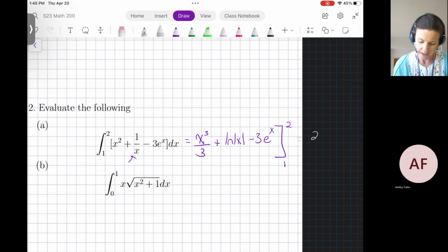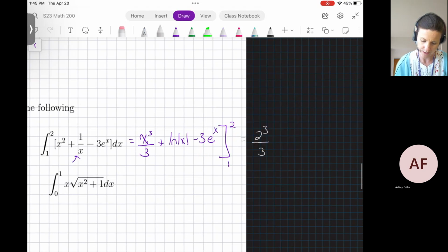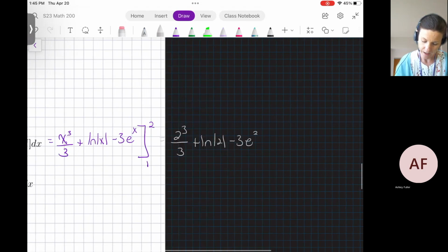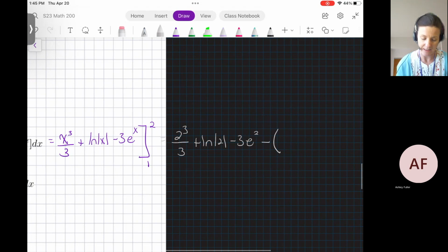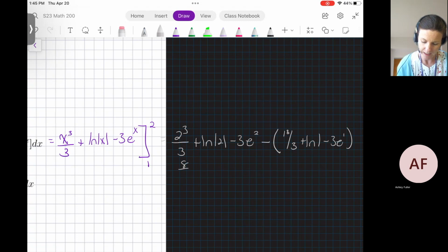When I plug in those values, I get 2 cubed over 3 plus the ln of 2 minus 3 e squared, and then I'm going to subtract the entirety of 1 cubed over 3 plus the ln of 1 minus 3e to the first. Simplifying, we get 8/3 plus the ln of 2 minus 3e squared.